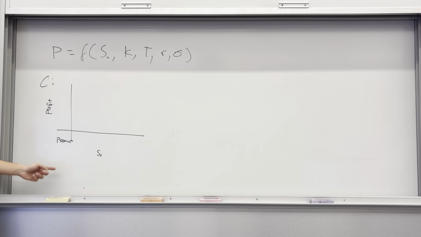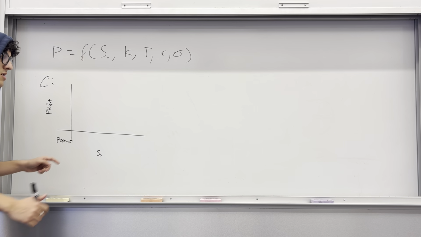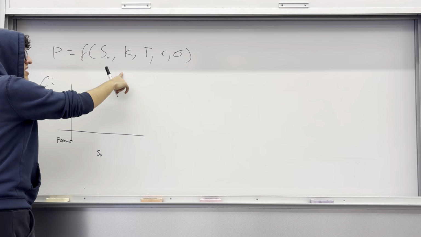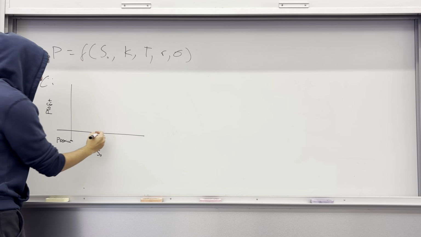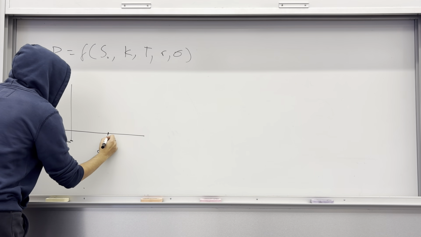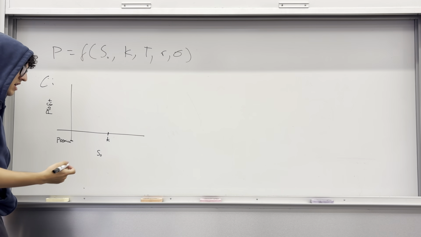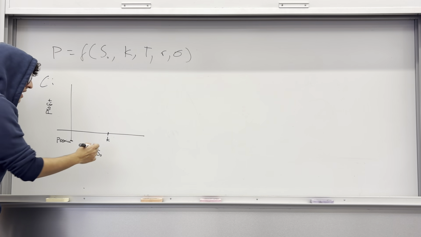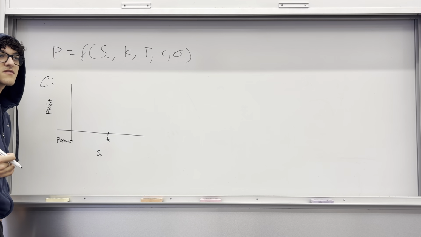A premium is what you pay to get this option. What you are betting on is the stock reaching K, the strike price, the goal price. And you only start making money after K is hit. Does that make sense to everyone?